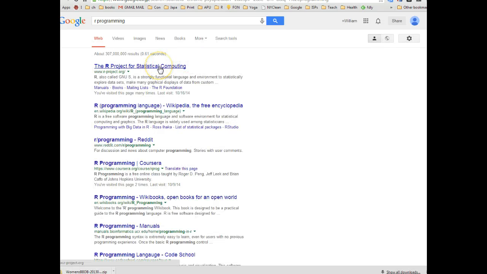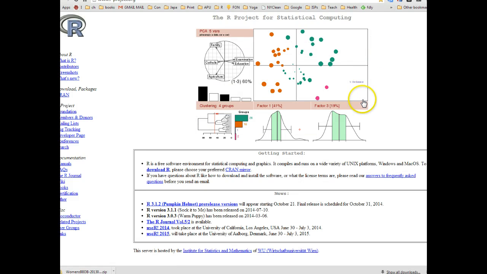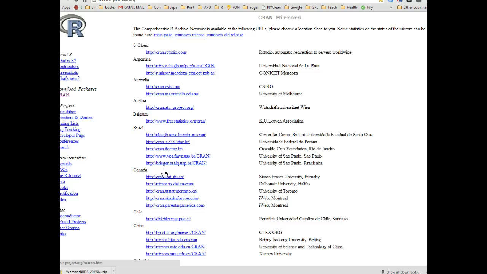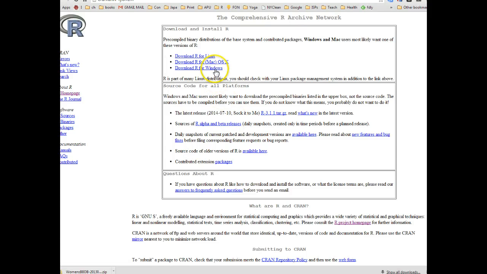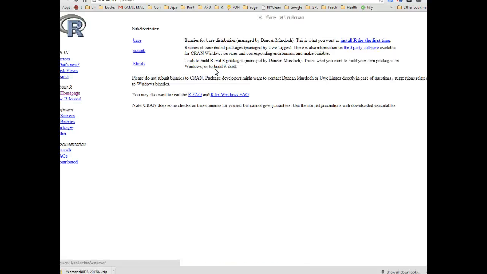And here it is, the R project. You don't have to do this because we already have it here, but if you want to do it at home, then you download R, and you choose somewhere to download it from. And you download Windows if you have a Windows computer. And install it for the first time.